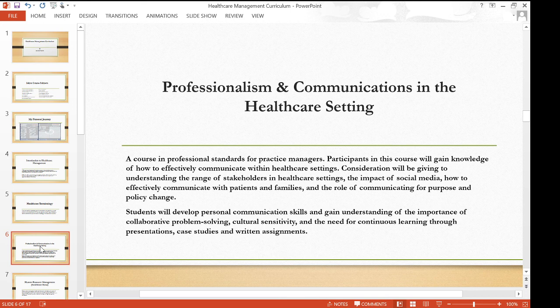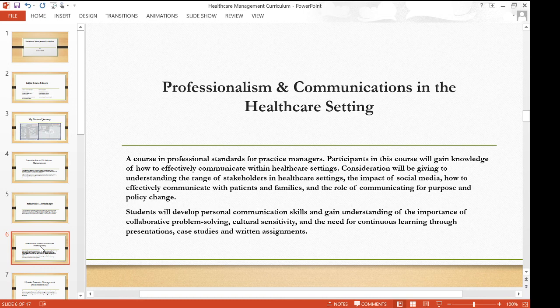Consideration will be given to understanding the range of stakeholders in healthcare settings, the impact of social media, how to effectively communicate with patients and families, and the role of communicating for purpose and policy changes.